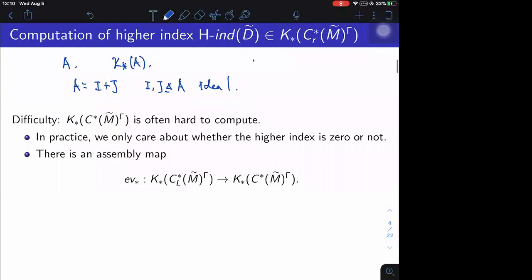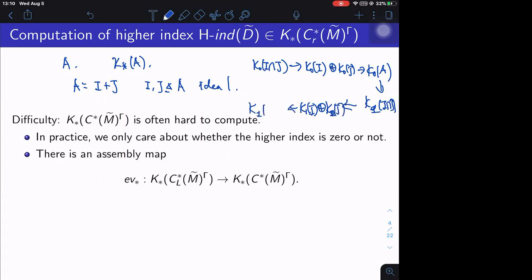It looks like K0 of I intersection J to K0 of I direct sum K0 of J to K0 of A, and to K1 of I intersection J, and the sum of the K-theory.